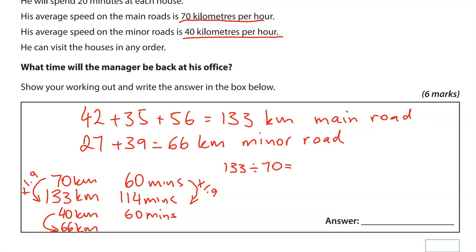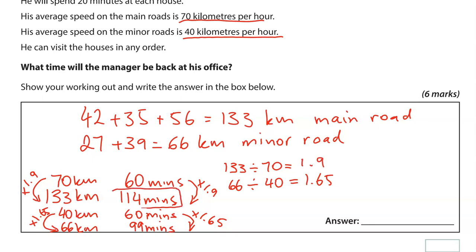So we can do 66 divided by 40, which gives us 1.65. So again, 60 times 1.65 gives us 99 minutes for the minor roads. So we have 114 minutes to drive on the main roads, 99 minutes of driving on the minor roads.